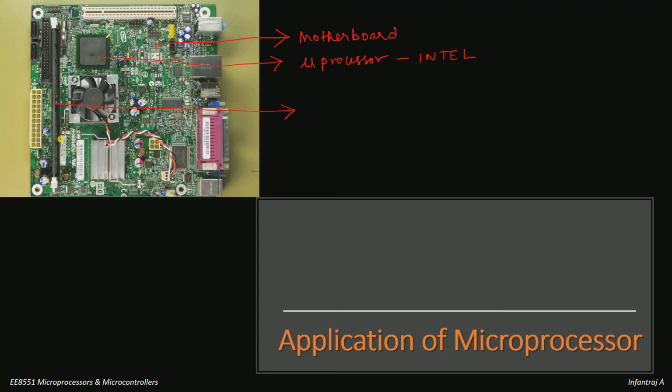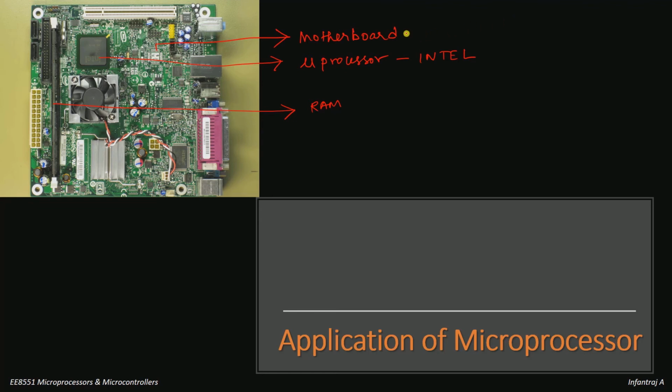This semiconductor system is called the RAM. In this picture you can see the heat sink, which is kept separately. This picture will give you a wholesome idea that a microprocessor basically cannot do a task separately.